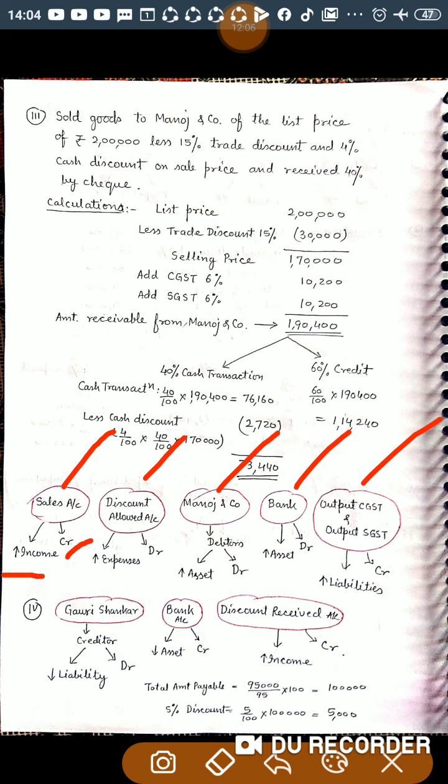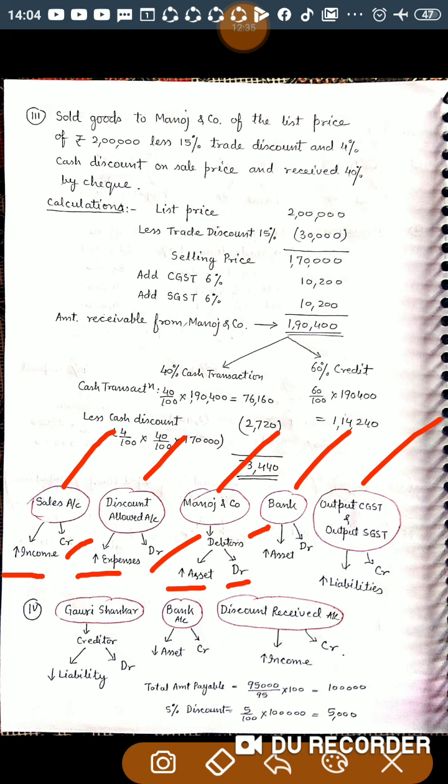Discount allowed, it is an expense or loss for the business and it is increasing because we are allowing discount to the customer, so it's an increase in expenses, it should be debited. Manoj and company, Manoj is a customer, a debtor for us, for the 60% amount which we haven't received from him. Debtors are an asset for the business, they are increasing in the business right now, so it should be debited.